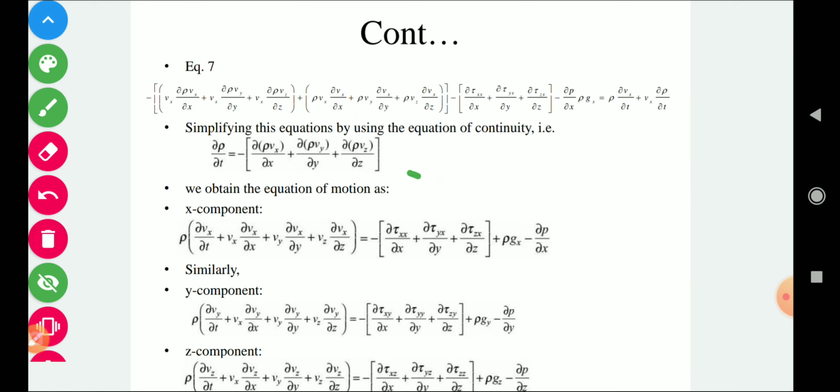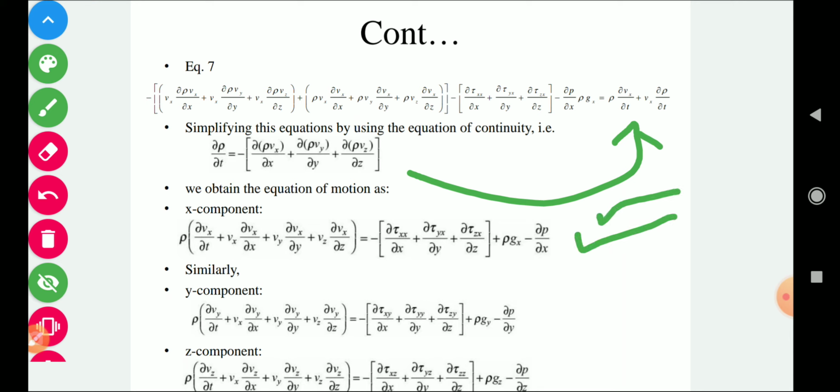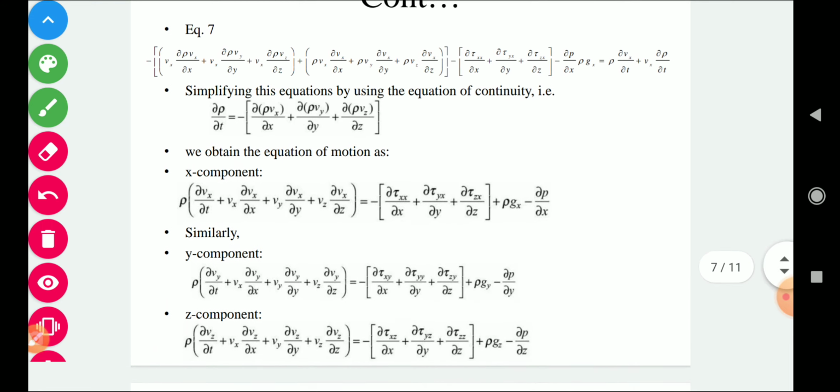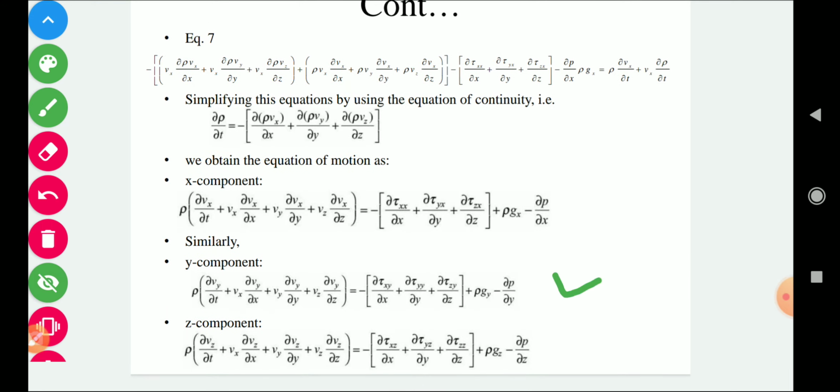So after putting the equation of continuity in this equation, we get this equation. Similarly, we can write these equations for the y and z components.